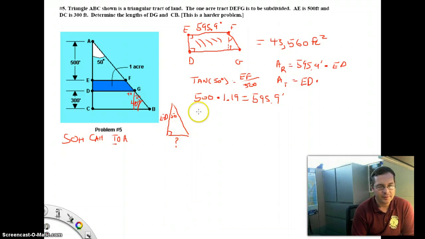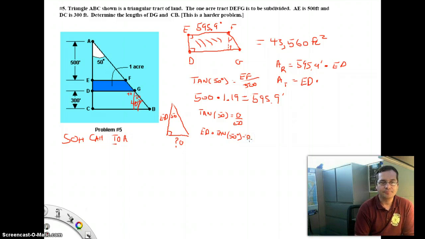So what do I know? I know that tangent of 50 degrees equals this opposite side, which I'll call side O for now, over the adjacent side, length ED. Getting the opposite side by itself, I get ED, which I don't know yet, times tangent of 50 degrees is going to equal that opposite side.